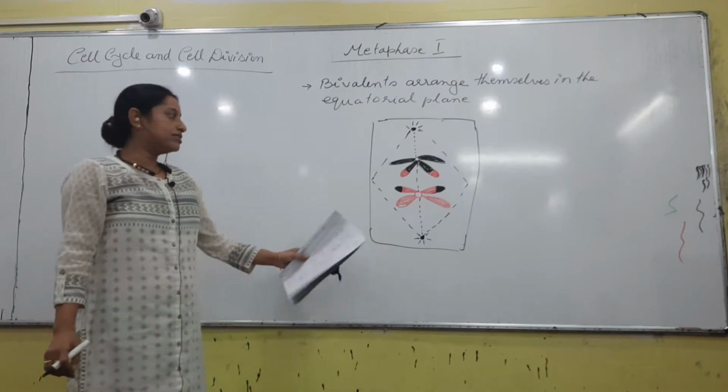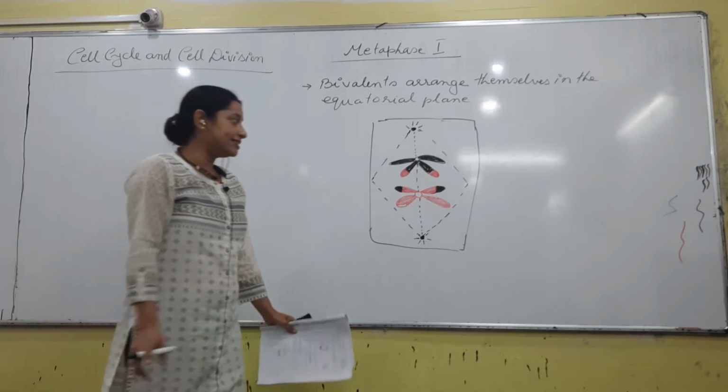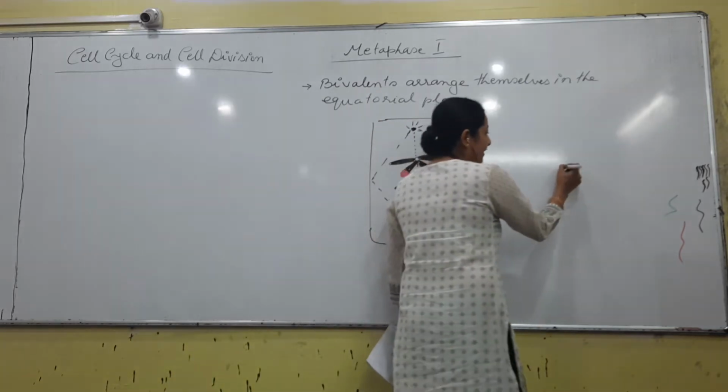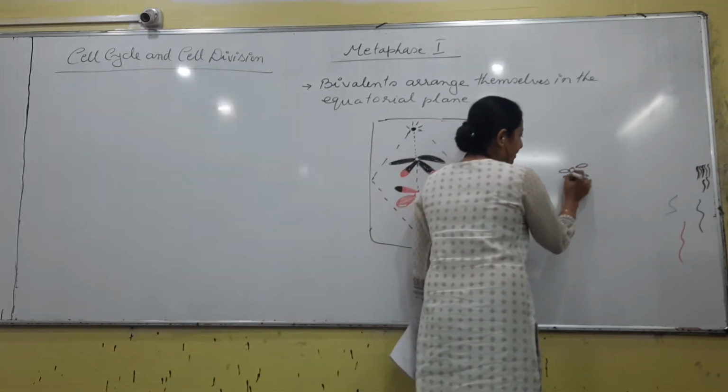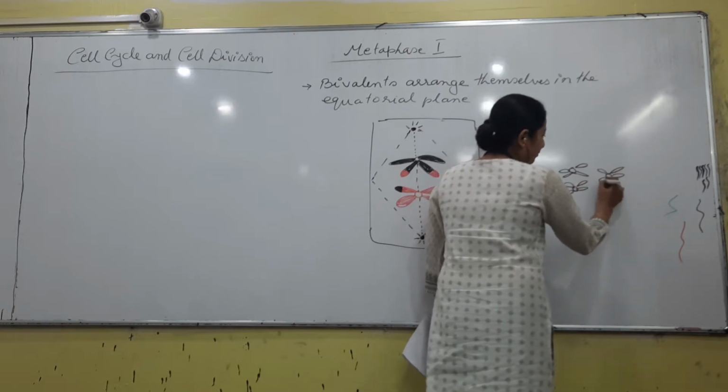And what is the number of bivalents that we are drawing in the diagram? Only one pair, right? Not necessarily just one pair. Actually, there will be another pair, and another pair.